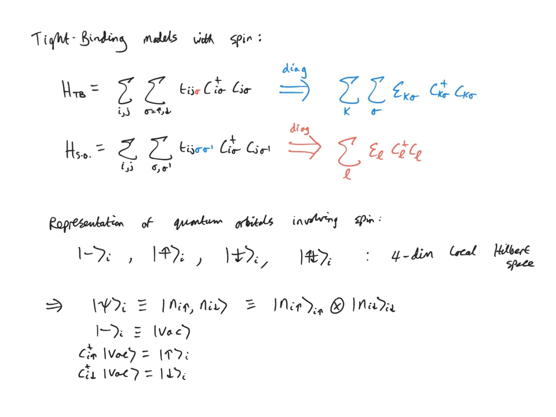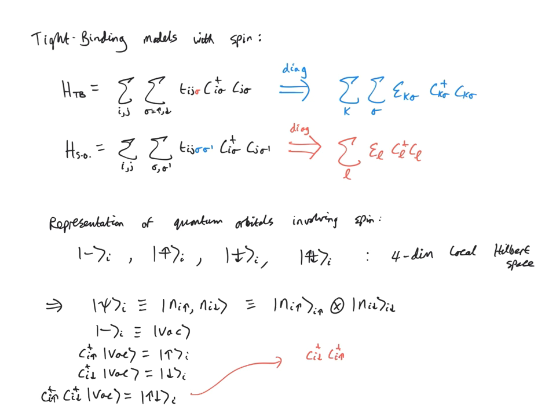in site I. The interesting thing, of course, comes when I act with Ci up dagger and Ci down dagger, in which case I get, by definition now, the doubly occupied state. And remember that the order of those operators matters because they're fermions and they anticommute, and therefore I can write that Ci down dagger, Ci up dagger, swapping the order of those operators.